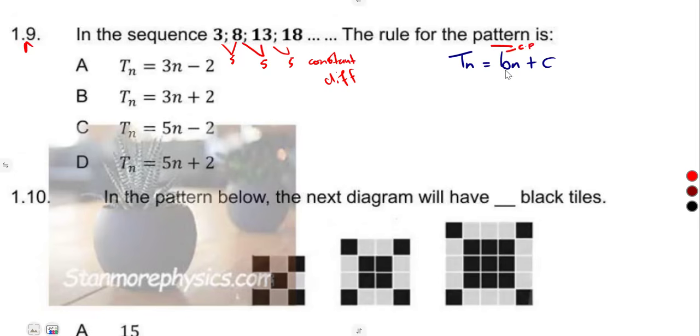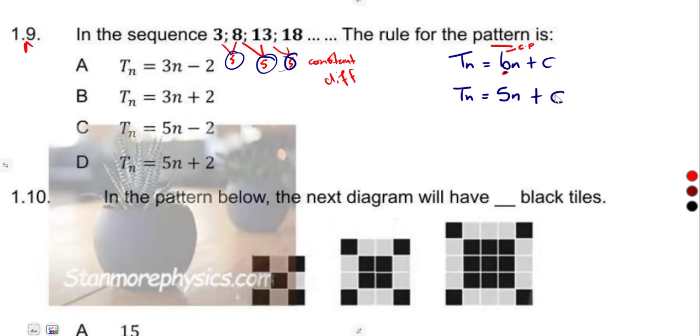That's our constant difference. We already have this one as 5. So Tn is equal to 5n, in place of b, the constant difference. You substitute that constant difference, plus c.